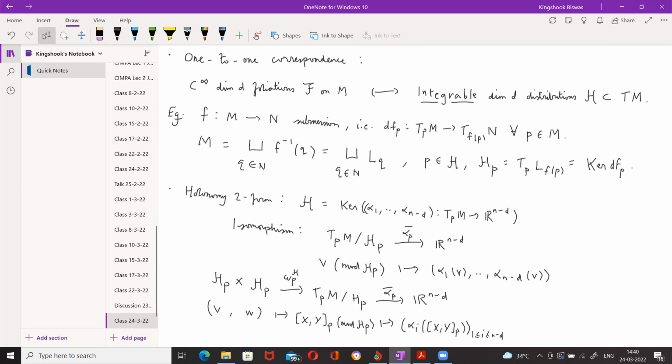Because X and Y are in the kernel of the alpha i's, this simplifies to just minus d alpha i of V, W, right? Yes?